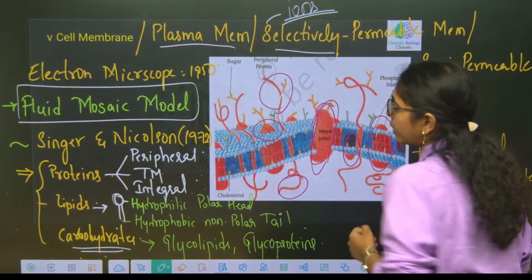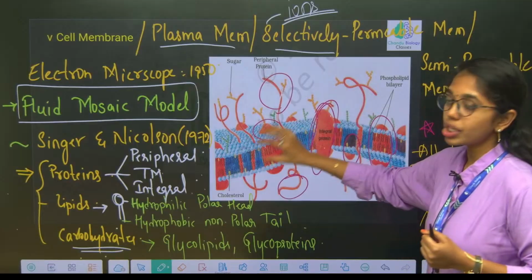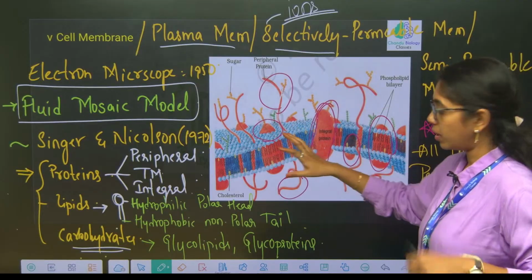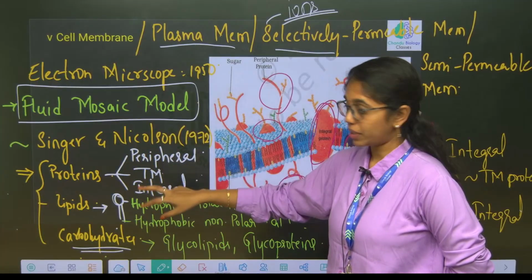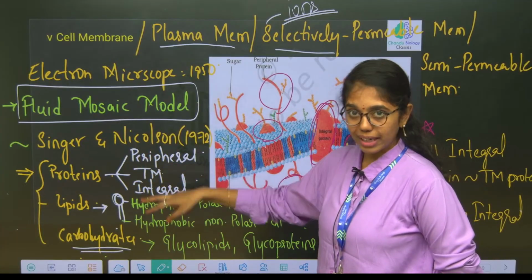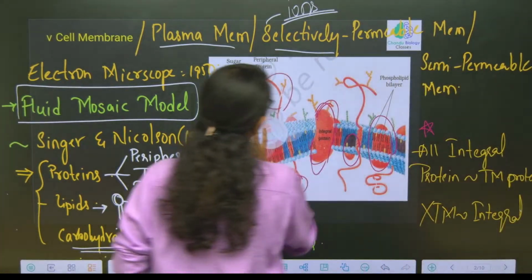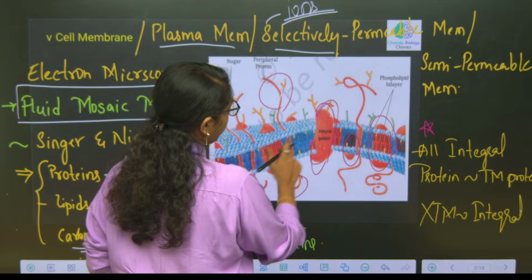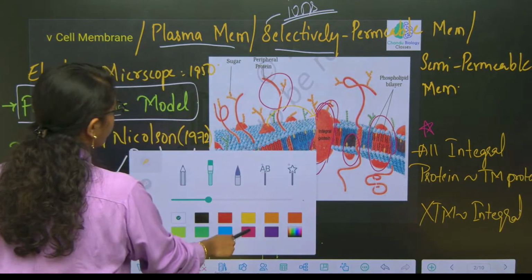Fine. And then when it comes to the lipid bilayer, most of the composition is made up of proteins and after that it is lipids. The quasi-fluid nature of the lipid bilayer will allow the lateral movement of the proteins.